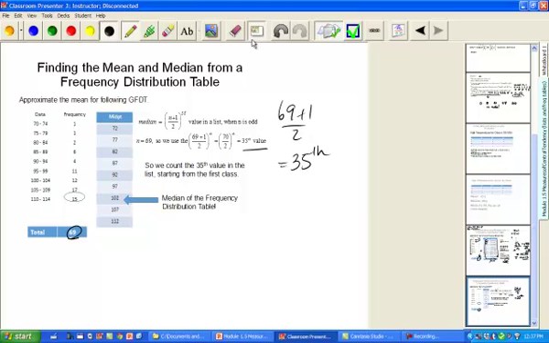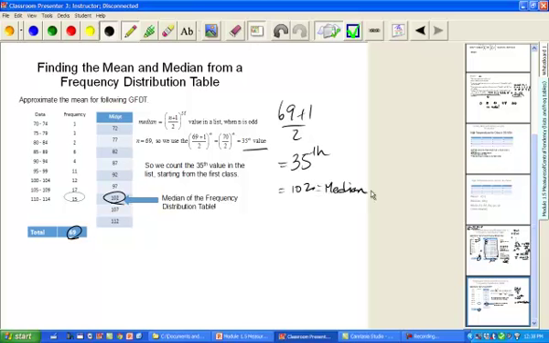So you can think about how you would find the 35th value of the list. 1, 2, 4, 10, 14, 25, 37. Okay, so I went too far. So if 102 occurs at the 37th, 36th, and 35th value. So the 35th value in the list, we use the frequencies to figure that out. So 102 is the median.